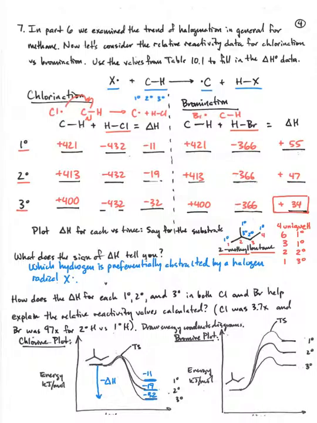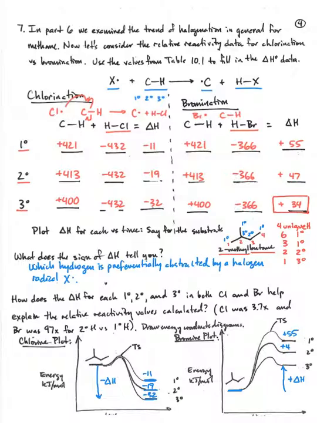For bromine, we saw that a primary hydrogen required plus 55. So now the difference from our starting energy of 2-methylbutane, these values are positive. So we're going up. We have to put energy into the system to break these bonds.